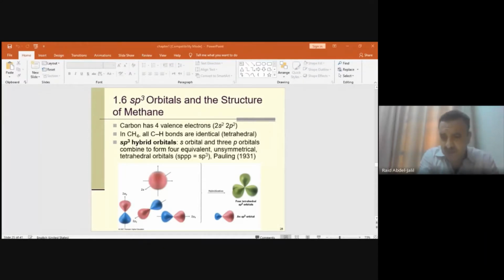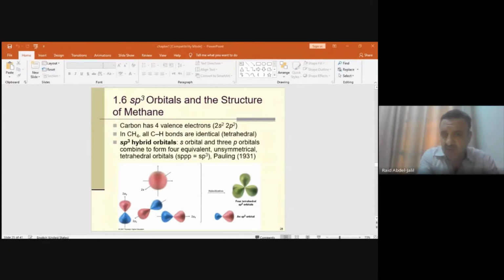Any atom cannot make a covalent bond without this requirement. This is a must. The atom must have a half-filled orbital, which means the atom has to share the bond through an orbital which contains only one electron.